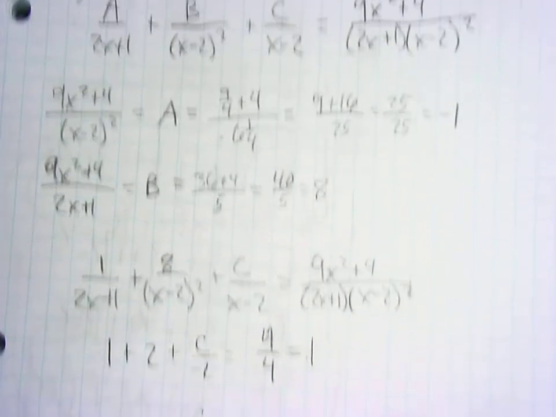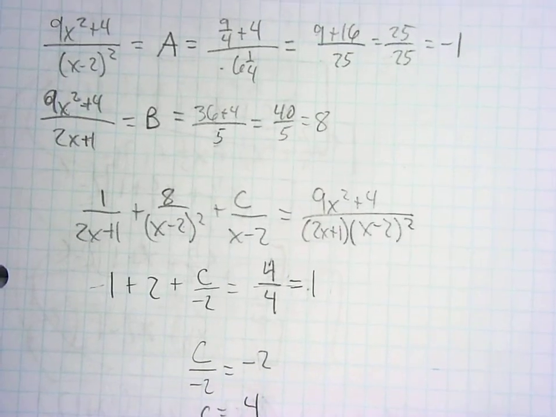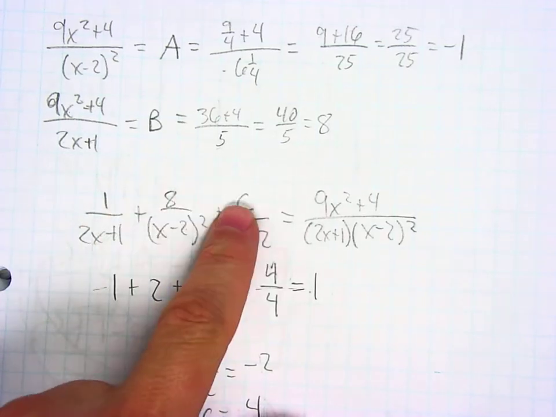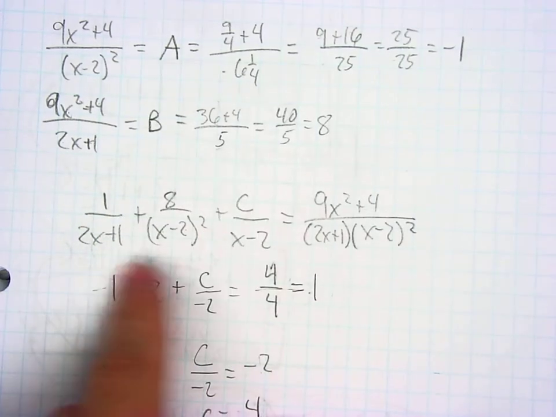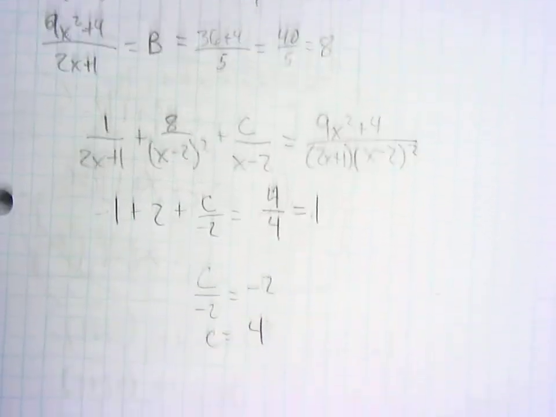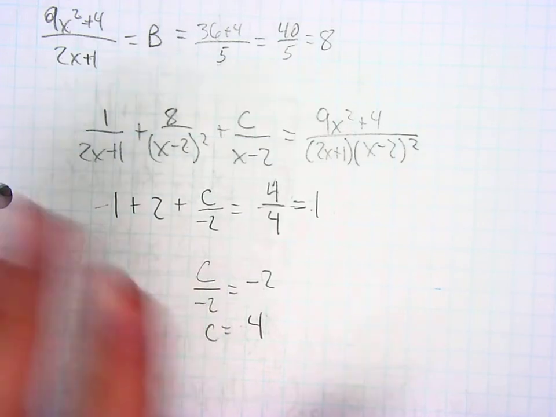Okay, so what I have to do to find C is plug in my A and B, and then plug something else in for x. So I plugged in my A and my B. All right, otherwise I rewrote this equation completely. There's A, there's B. All right, and then I plug something else in for x.